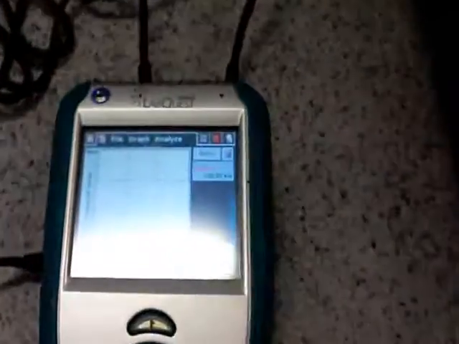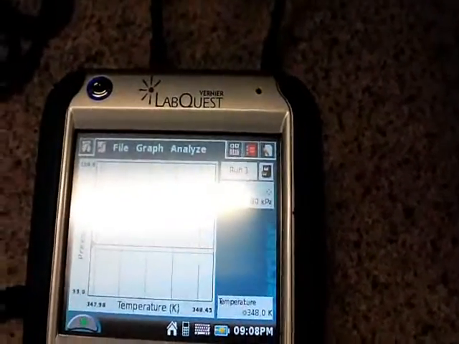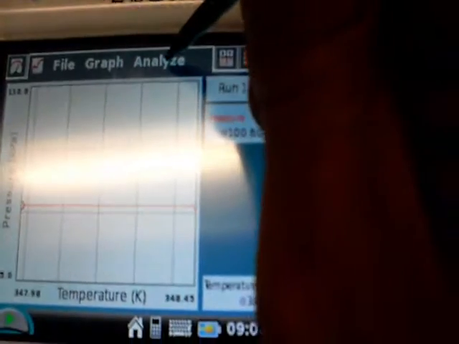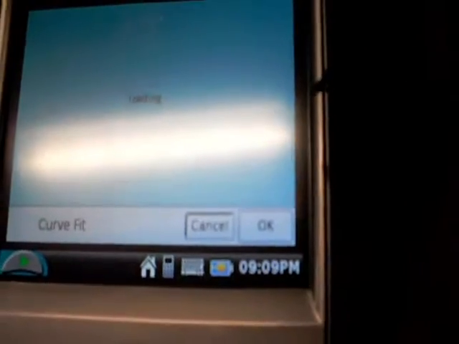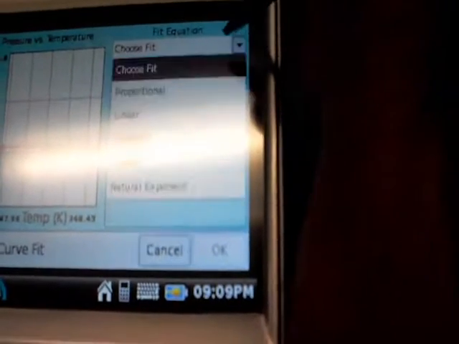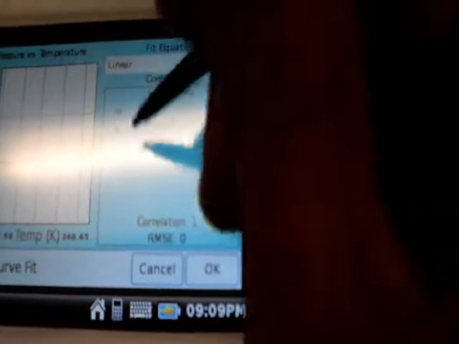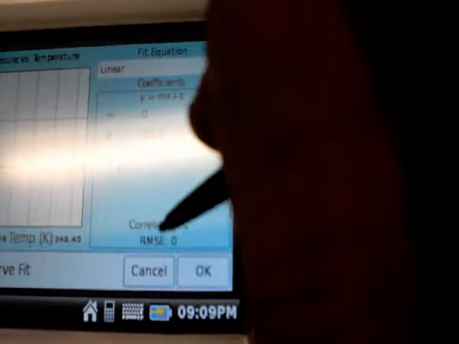When it's done, it'll run its course, you won't have to hit stop. But then what you're going to do is get a best fit curve. Remember, you do that by going to Analyze, Curve Fit, select the graph you want, which in this case is the pressure versus temperature graph, and then for fit equation, you're going to choose a linear fit, and then that'll give you the coefficient for that curve fit.